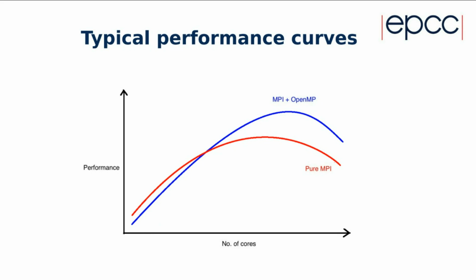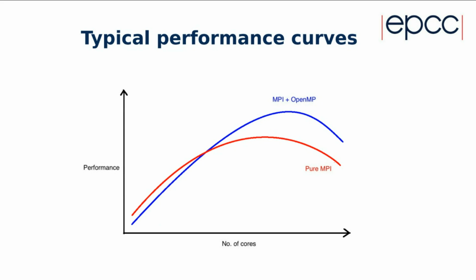So the best that you can really hope for from an MPI and OpenMP solution is that it may well perform a bit worse at low core counts where the MPI code is still scaling very well. But as we go to a higher number of cores, it maintains its scaling behavior for longer, and the peak performance occurs higher than the pure MPI code, and also further to the right with larger numbers of cores.